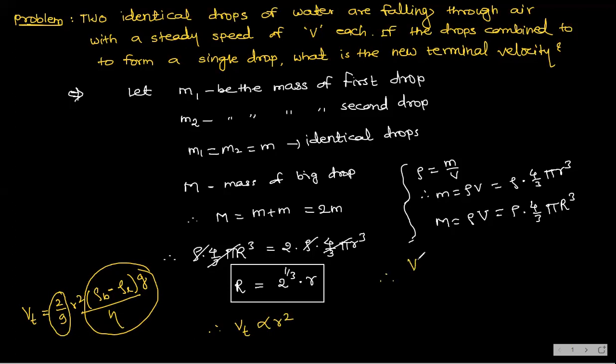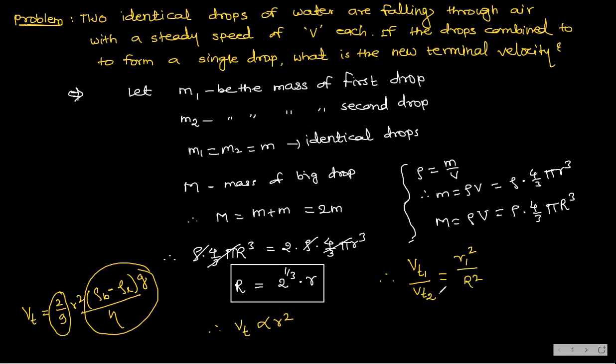And therefore Vt1 divided by Vt2 is equal to what you will get? What we will get? r1 square divided by r2 square, yes, no?